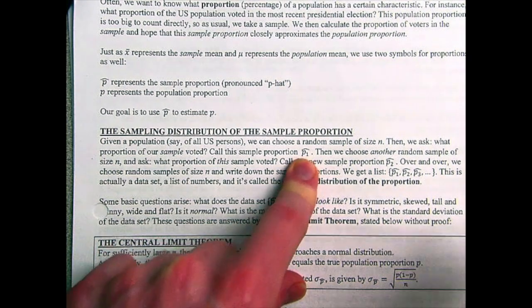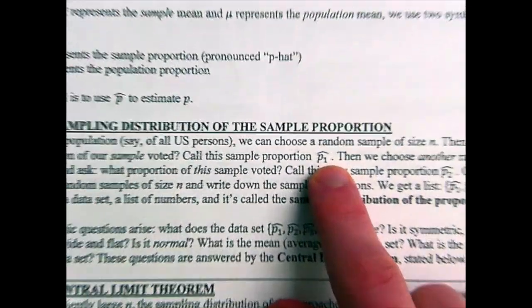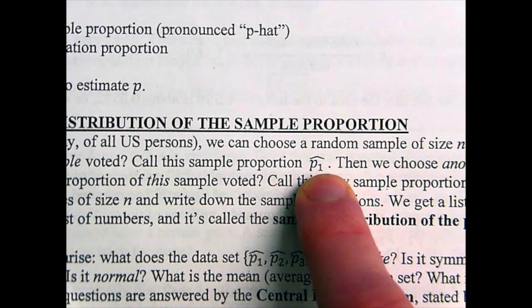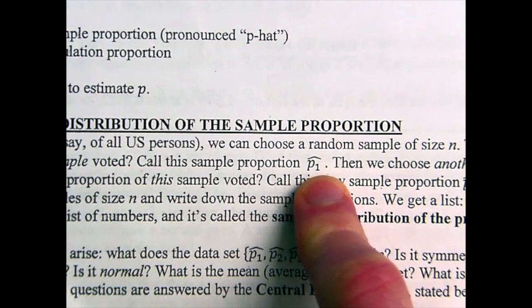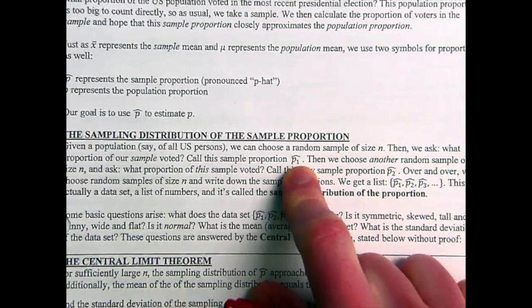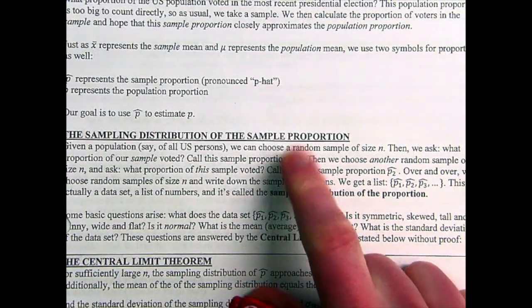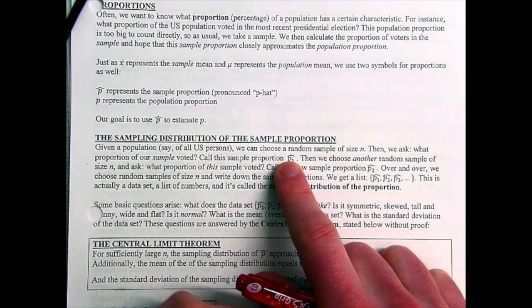Now, the reason I'm giving this a subscript is that, as you're about to see, I'm going to generate more than one sample proportion in this story. So in order to distinguish this sample proportion from the others, I'm calling it p1 hat. All right, so we take a random sample, compute the sample proportion, we call that p1 hat. Then we do it again.